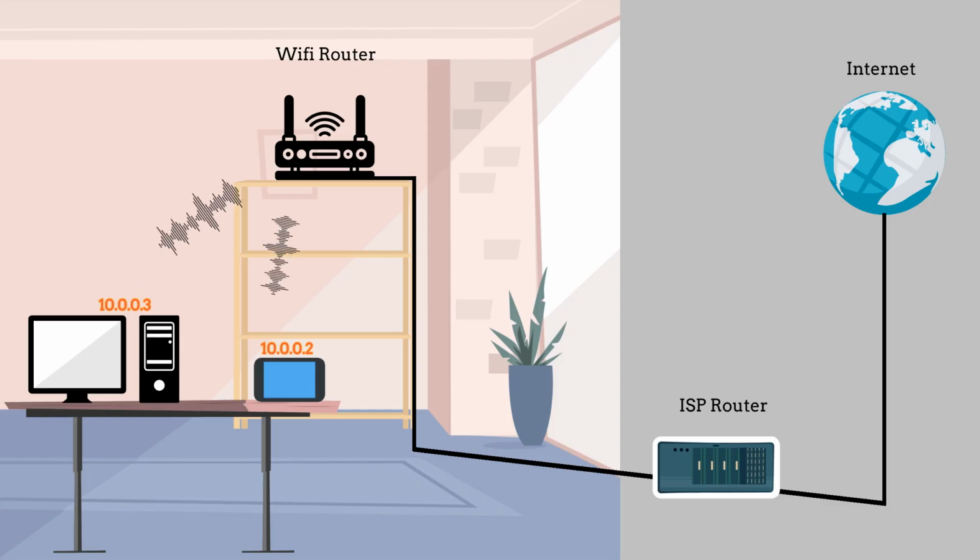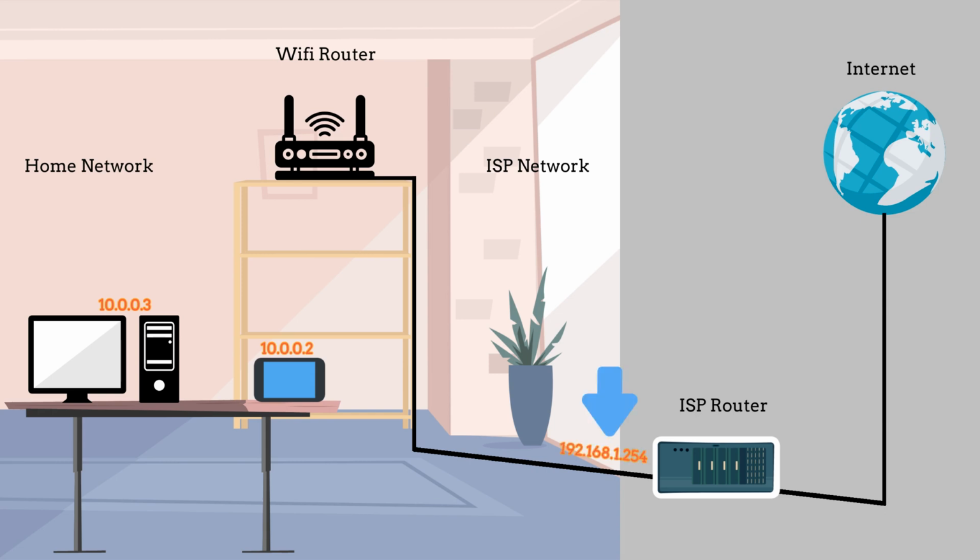In our home network setup, the Wi-Fi router acts as a connection point between two networks, our home network and the network of the Internet Service Provider, ISP, that facilitates our connection to the Internet. Our Wi-Fi router has a designated default gateway, which is the IP address of the ISP's router. To elaborate, let's consider that our Wi-Fi router is connecting two networks, labeled 10.0.0.0 and 192.168.1.0.